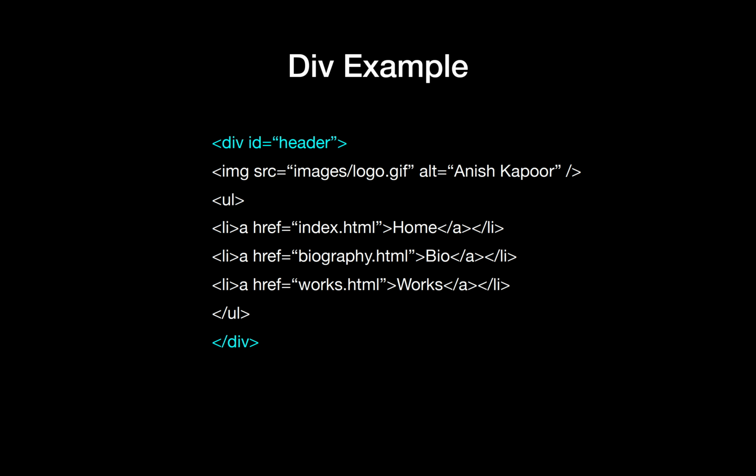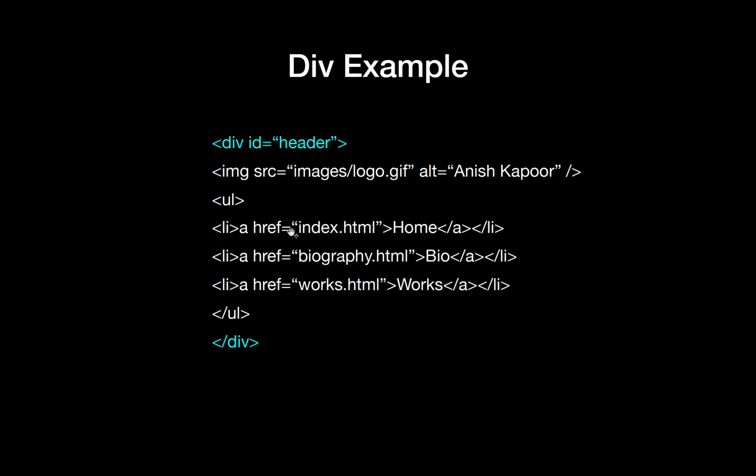All right, so a div example. We would start a div tag. A div will most always have an ID. For example, if we're calling this header, we have our image source, so maybe we have our logo in the header for our website, and then we will have an unordered list. Our navigation links are actually a list, so each list item becomes a link.